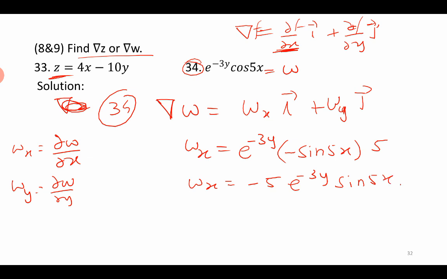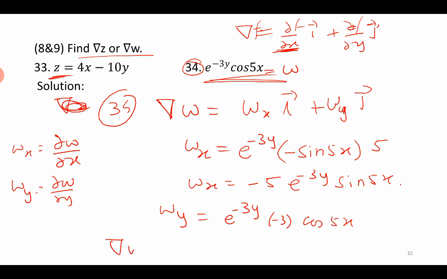What is wy from the given equation? Differentiate w with respect to y alone. So e power minus 3y repeats with the coefficient negative 3 and cosine 5x remains without anything.